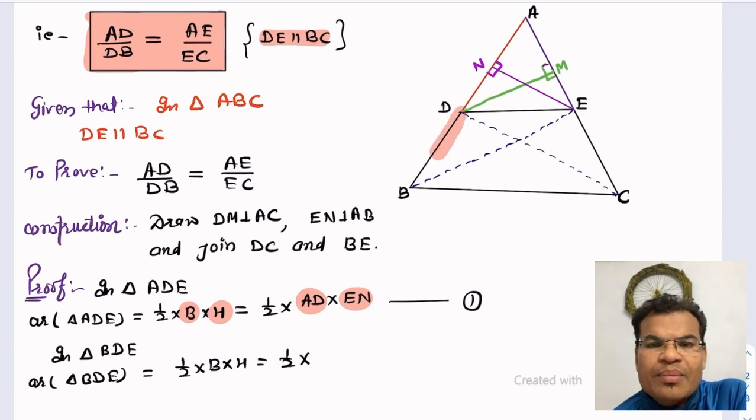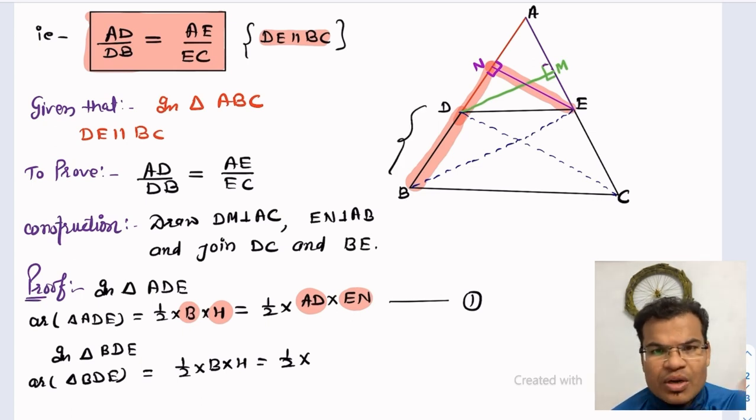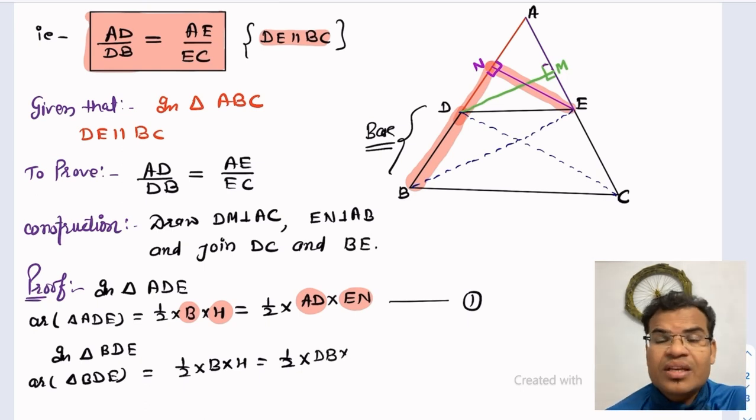Okay, so I'm writing here DB as base. Why we are taking DB as base? And for DB, in this triangle EN is the perpendicular, right? Perpendicular for this BD. So this is base and the perpendicular is EN. So I'm writing here 1 by 2 base DB and height is EN. This will be outside the triangle.